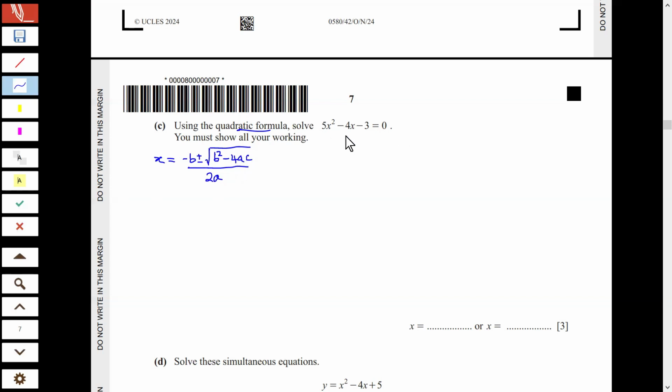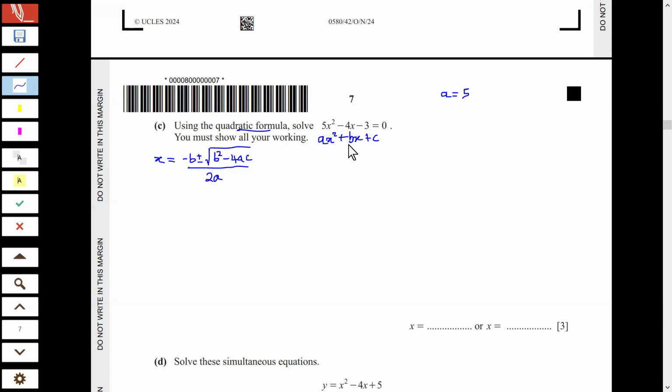And to know that, we can write the general quadratic equation as ax squared plus bx plus c. Now, the coefficient of x squared is a, which means a equal to 5.